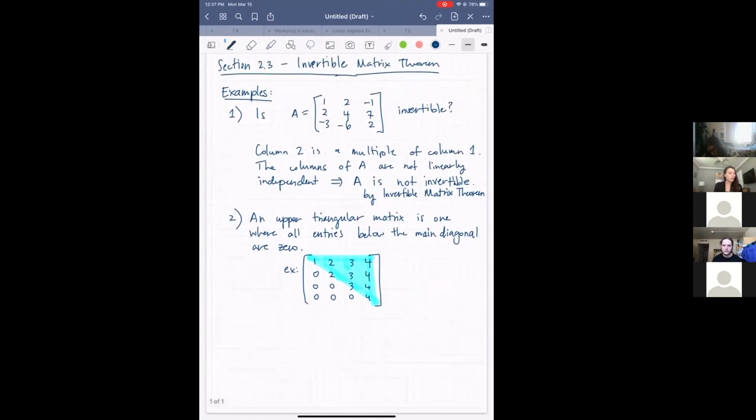Okay. So this is an upper triangular matrix, and we could ask just a very general question. So when is a square upper triangular matrix invertible?